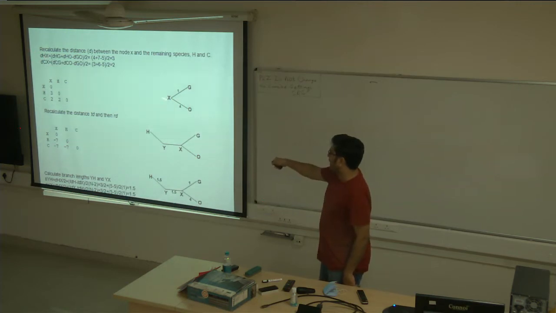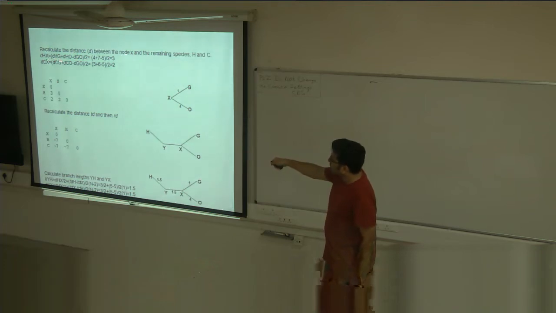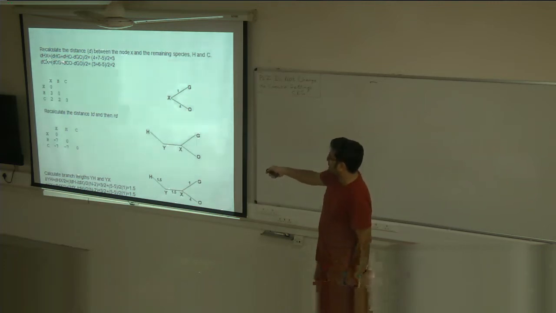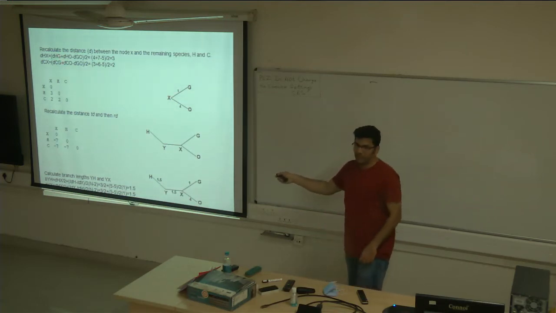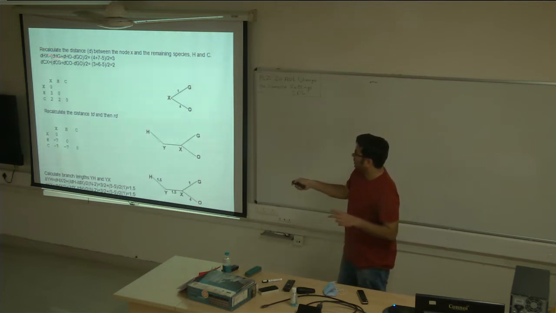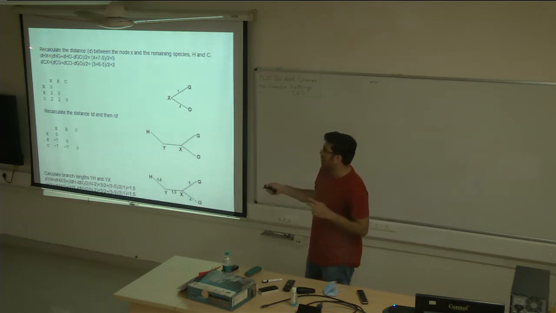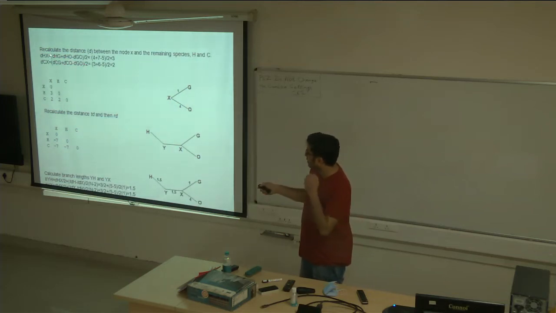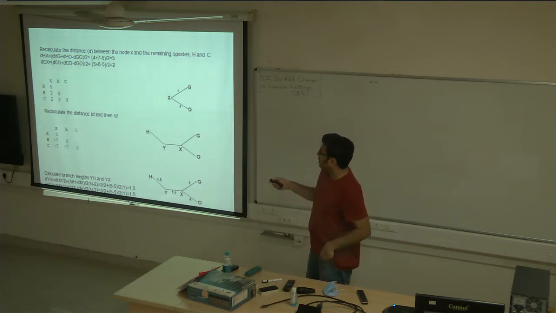So the distance from X to H is the observed distance from human to gorilla, because X basically contains gorilla and orangutan, these two taxa. So you have to take into account the observed distances between human-gorilla and human-orangutan, and subtract the gorilla-orangutan distance.